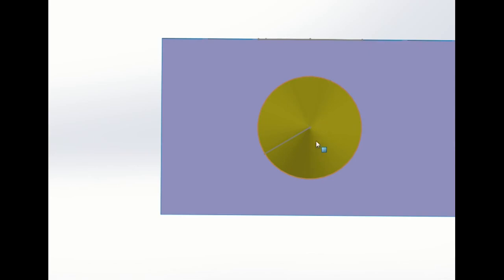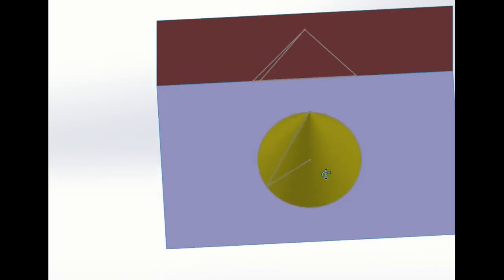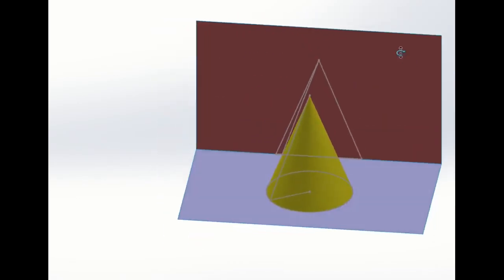Once again we know that our line here is sloping, so even though we have a view again of our generator, it's not necessarily a true length, because it's much longer there. So once again we are going to have to set up an auxiliary view.